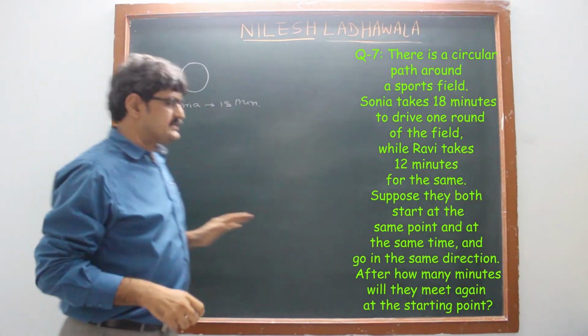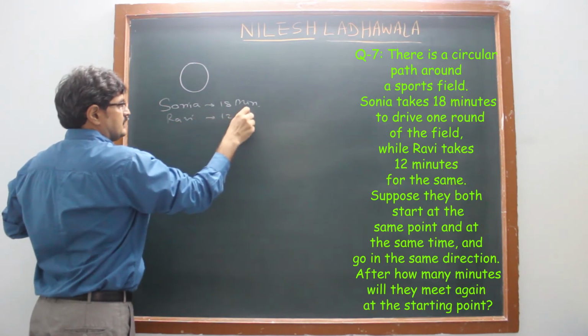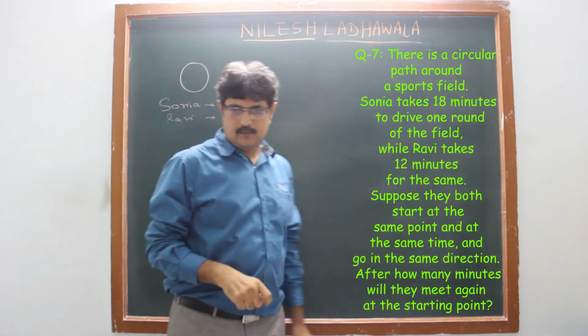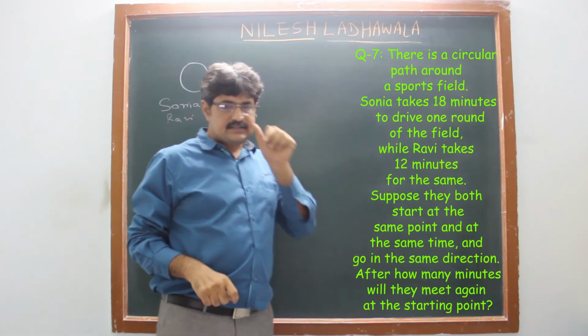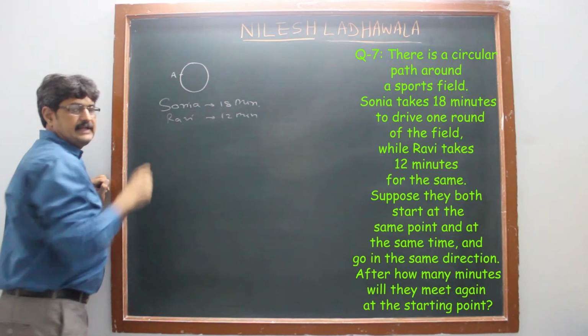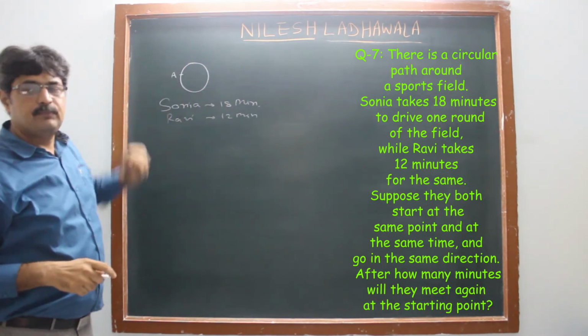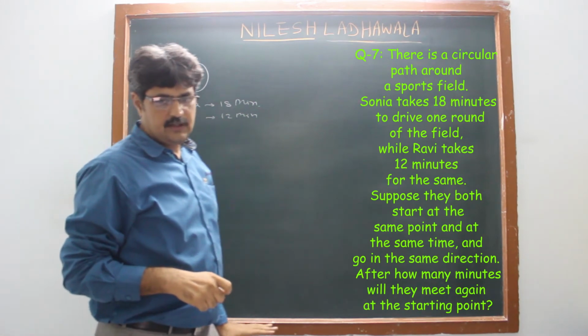And Ravi takes 12 minutes to complete a round. Suppose they both start at the same point. For example, they start from here, that is point A. Right? Ravi and Sonia, they both move on this circular path.